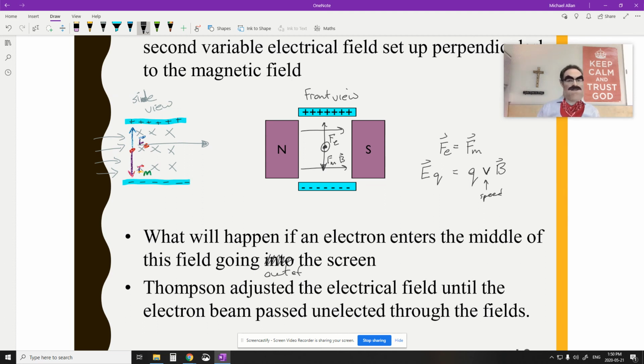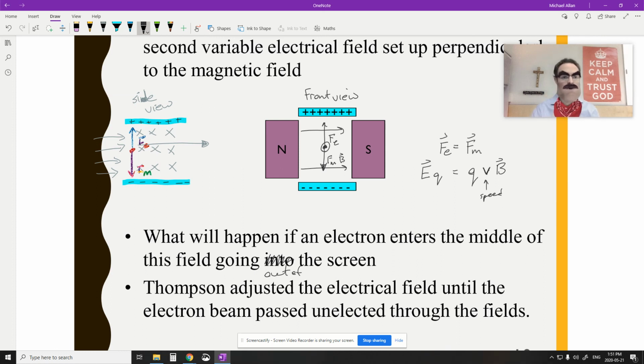If they're going too fast, the magnetic force wouldn't balance out the electric force, so they go down. If they go too slow, their magnetic force decreases, and then the electric force pulls them up. So the only way to get through undeflected is to be just the perfect speed.